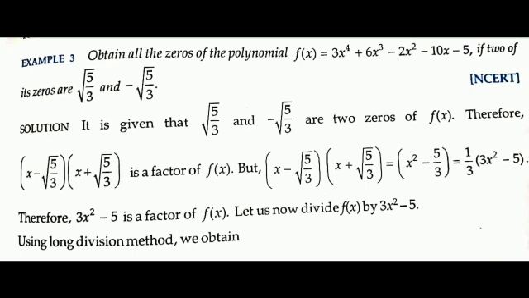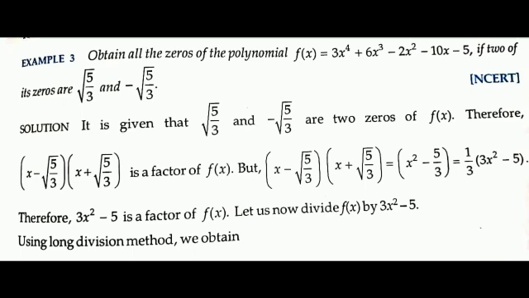So here in this case it is given that root 5 by 3 and minus root 5 by 3 are two zeros of f(x). Therefore x minus root 5 by 3 and x plus root 5 by 3 will be factors of f(x). Also we have the product of x minus root 5 by 3 into x plus root 5 by 3, a factor of f(x).